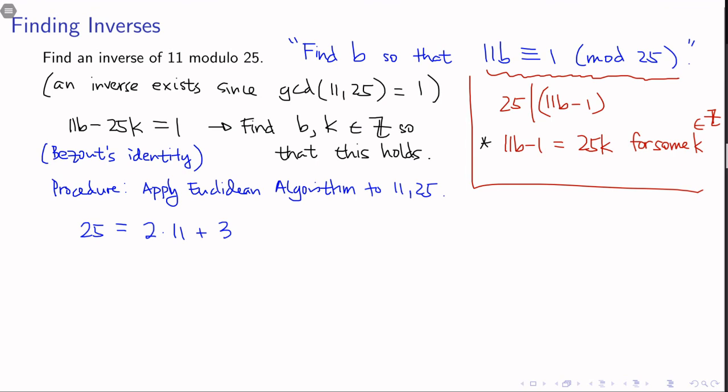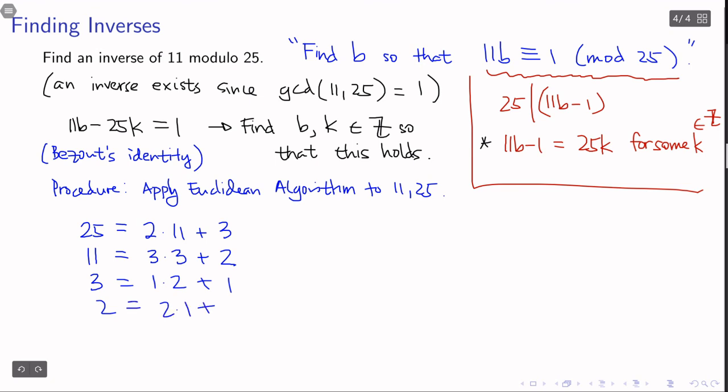Okay, what's your next step? Next step is you divide 11 by 3. 11 is 3 times 3 plus 2. Next step, you divide 3 and 2. And you get 3 equals 1 times 2 plus 1. And, well, this already tells me, with one more step here, that the GCD is 1.